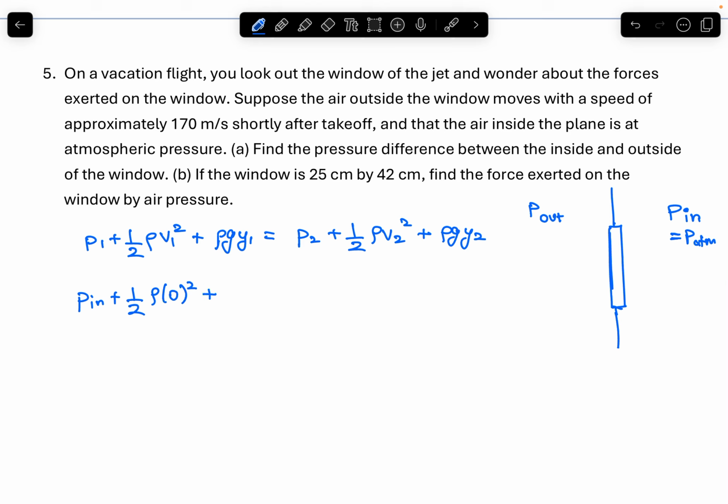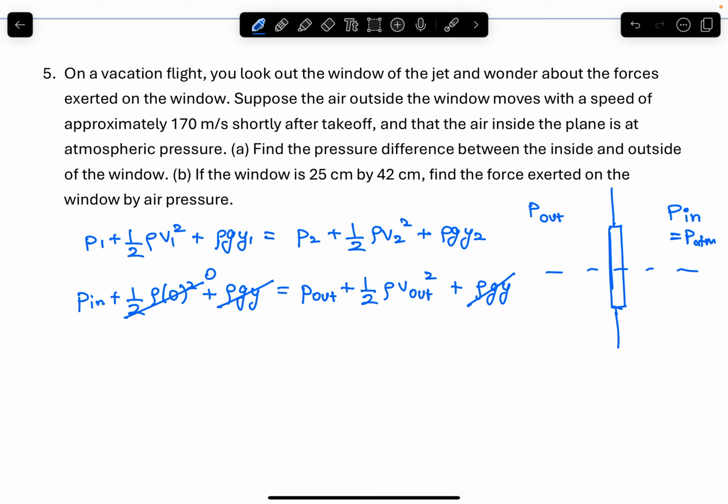And y1, I'll just assume y1 is something, I'll just call it y. For P out, there is a velocity v out, that's squared, and rho g y, because these two points are at the same level, this side also will be at a height y. So this becomes 0. Rho g y is the same on both sides, so it gets cancelled out.